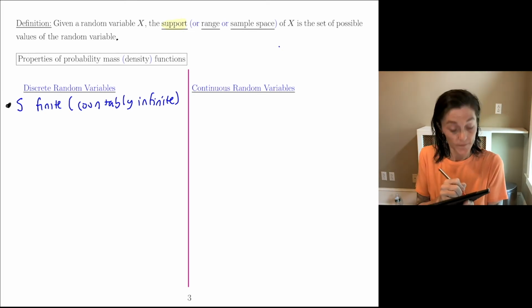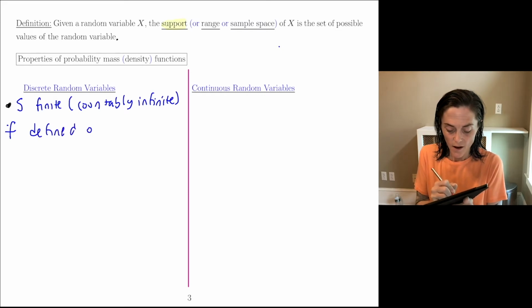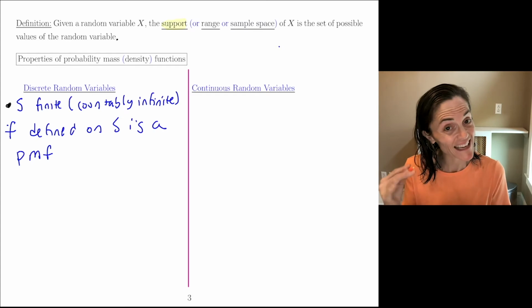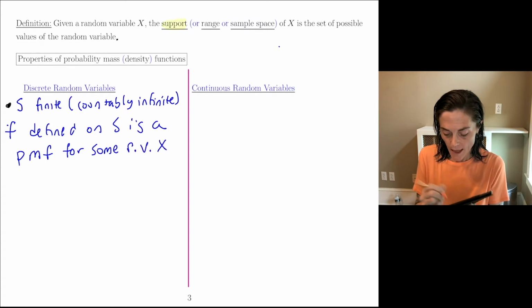Well, then some function f, which is defined on this set S, is a probability mass function, this is my abbreviation, for some random variable x, provided, well, we need two things.